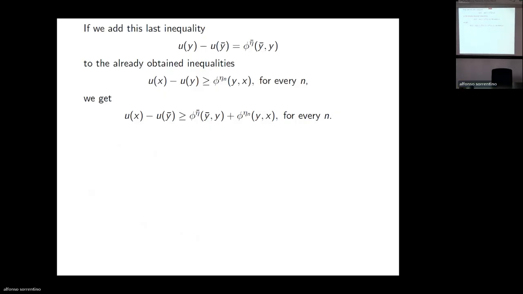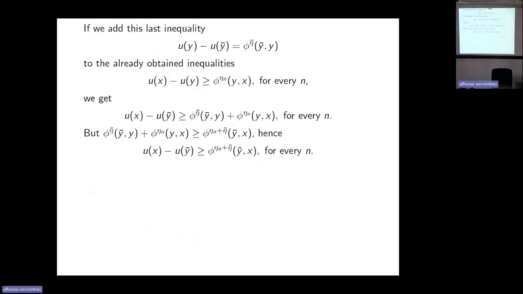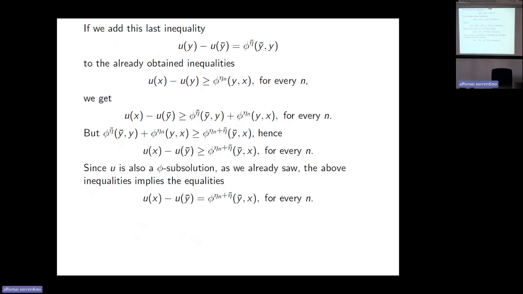Okay? But now we know that phi eta bar y bar y plus phi eta n yx is larger than phi eta n plus eta bar, y bar x. So we get this inequality for every n. Okay? But the inequality implies the equality.